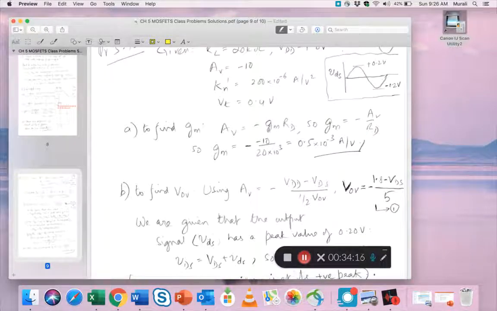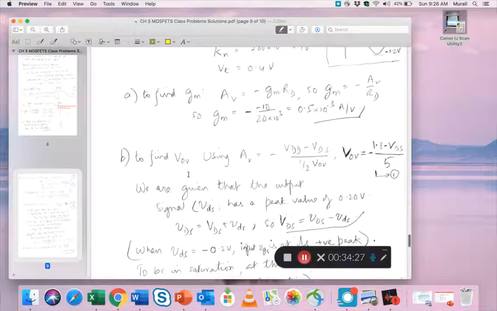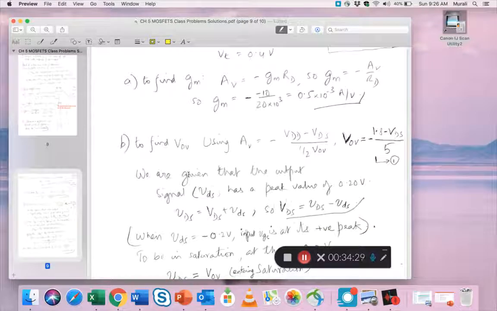So given that, use the simplest formula and you come up with a gm of 0.5 times 10 to the power minus 3 amps per volt. Okay. Next step is find the overdrive voltage, because we are hoping that once we have the overdrive voltage, then we can work backwards to find ID and find the biasing points, right?